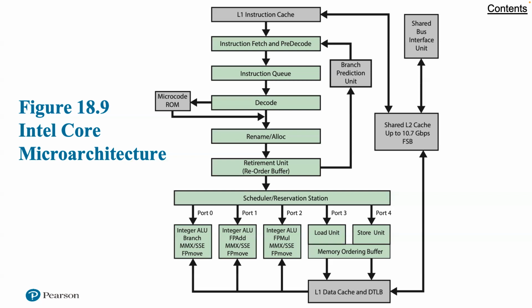It is implemented on each processor core in the Intel Core 2 and Intel Xeon processor families. There is also an enhanced Intel Core microarchitecture. One key difference between the two is that the enhanced Intel Core microarchitecture provides a third level of cache.